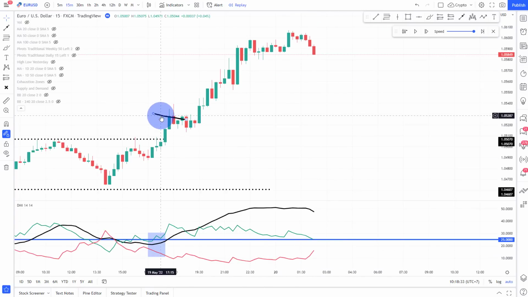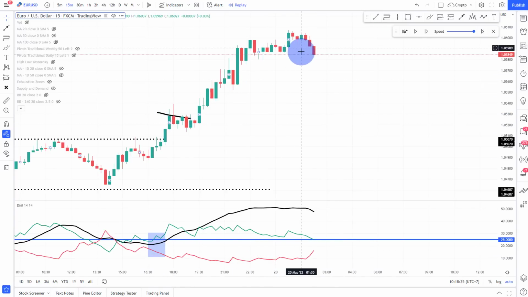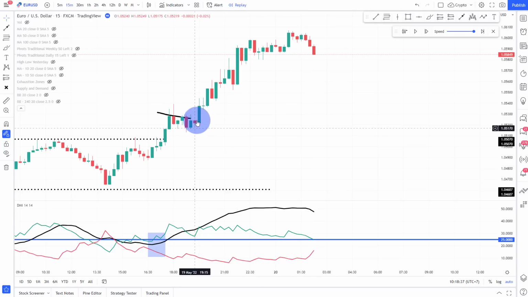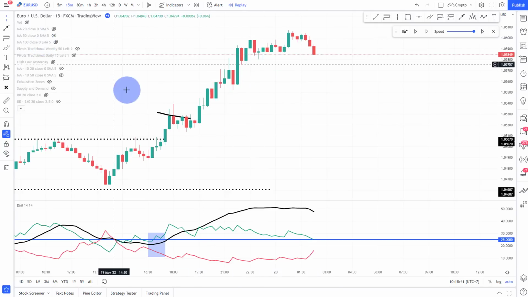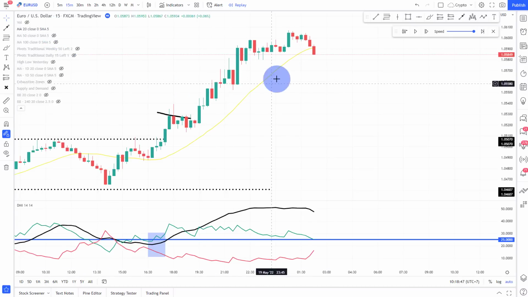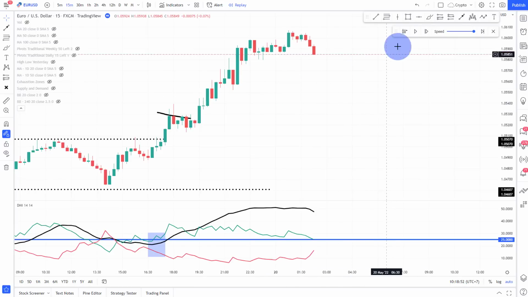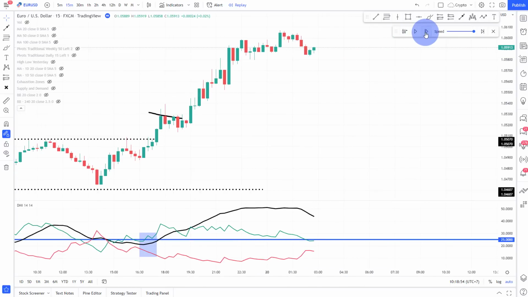So if you have been long previously, that may be a very good time to think about taking profits, maybe taking partial profits, maybe moving your stop loss. We could use something like a moving average, the 50 or the 20, to trail your stop loss. And you can see if we turn on the 20, we would have broken it already. So this is how you can start building a system with the ADX at the core.